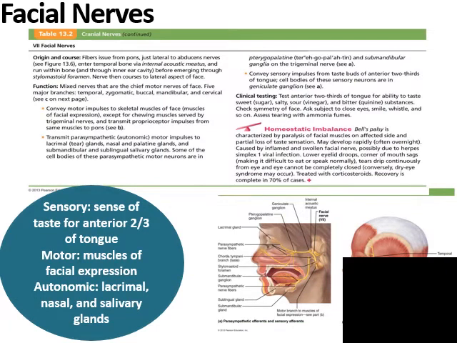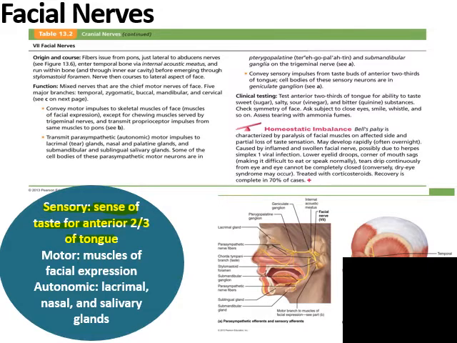The facial nerve, cranial nerve 7, is going to give you sensory information for the sense of taste for the anterior 2/3 of the tongue, where you taste things like sweet, salty, sour, bitter, and umami.